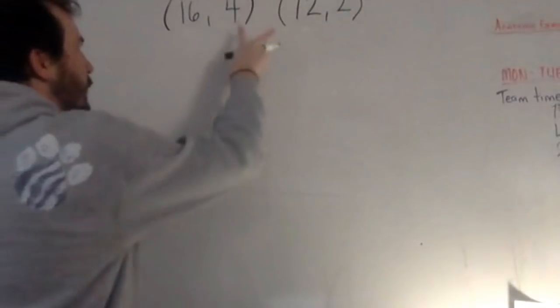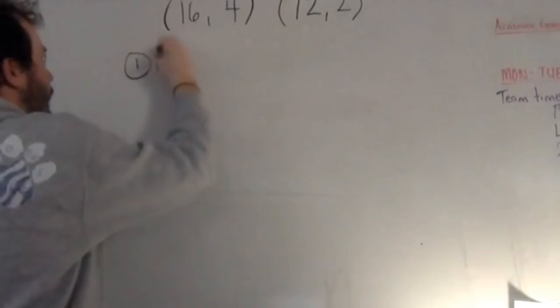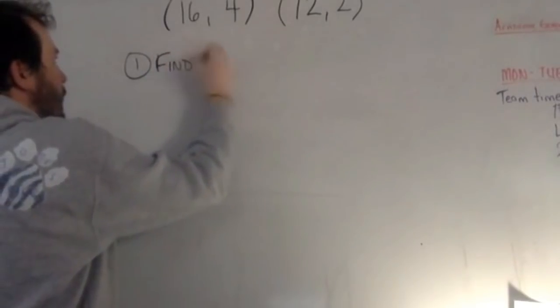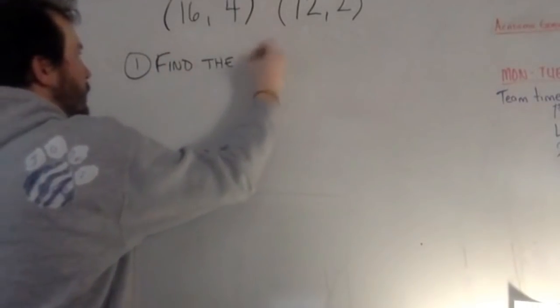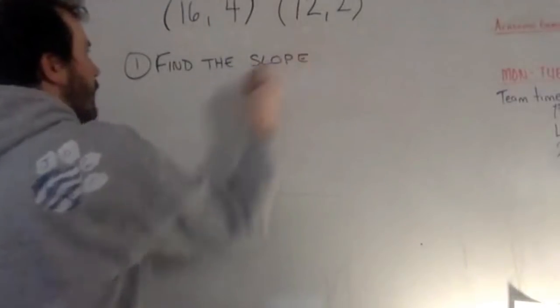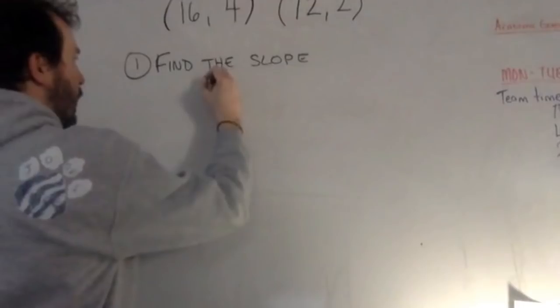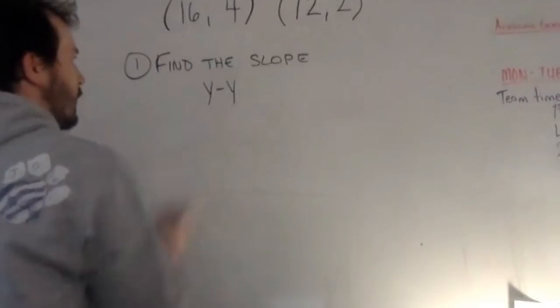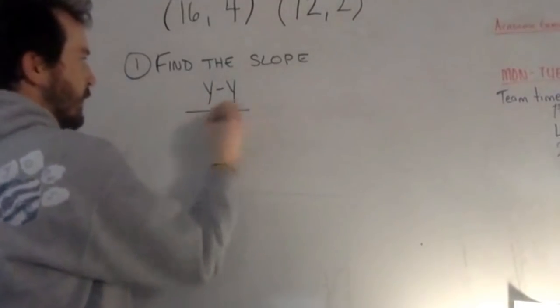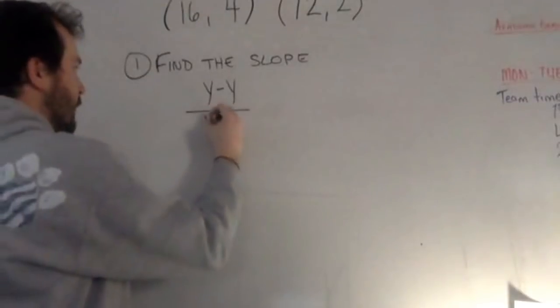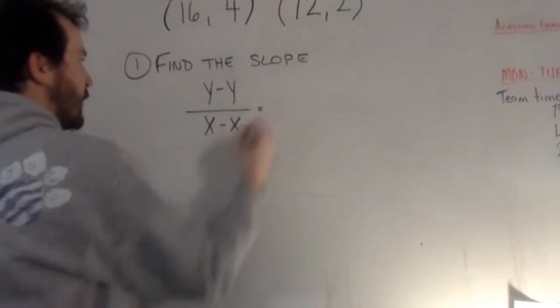In order to figure this out, we have to do two things. We have to first find the slope. To find the slope, we take our y values and find the difference, and we take our x values and find the difference.